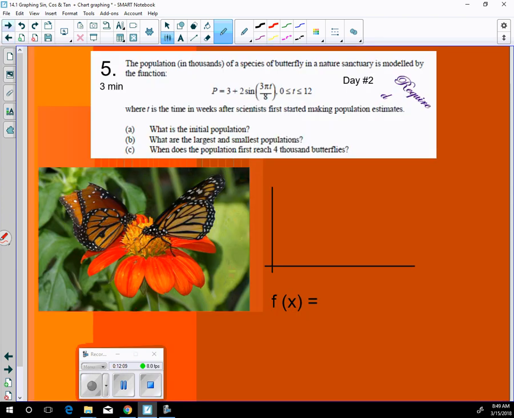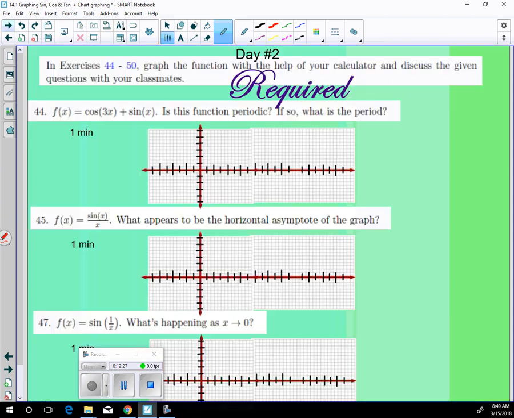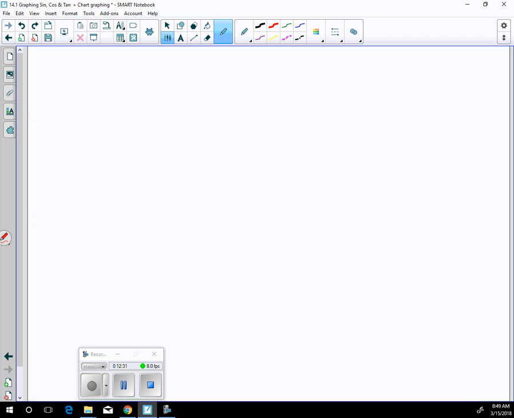And then these are the cool ones. You're wondering, why did I have all these butterflies on there? This is a butterfly question. Here's the equation. You're going to figure out what the initial population is, the largest, smallest, and see if we can use your calculator to find when the population reached 4,000 butterflies. I think that should be it.